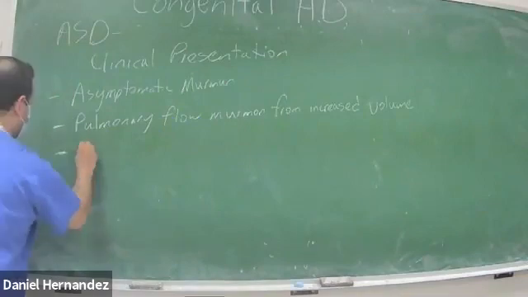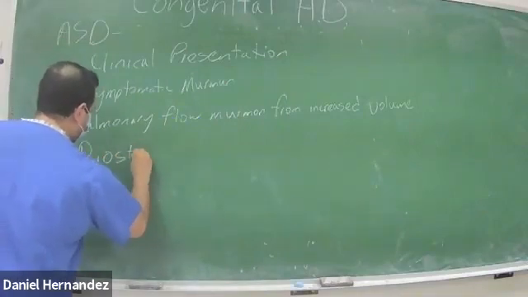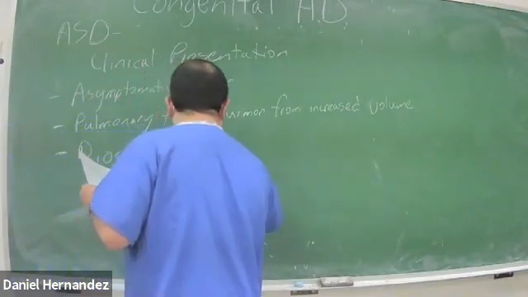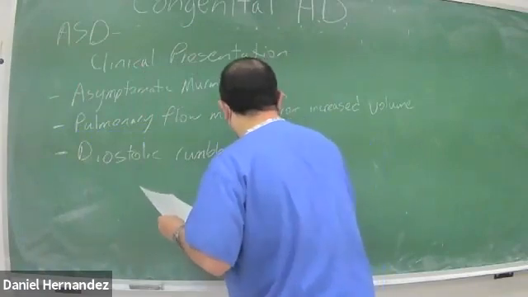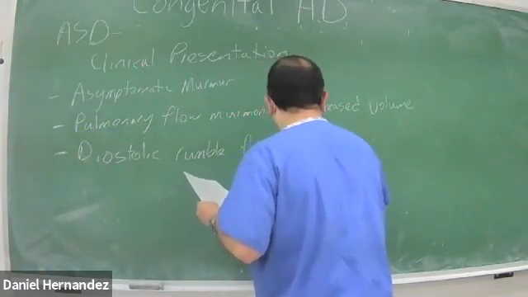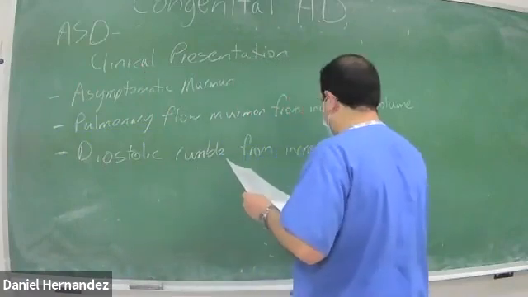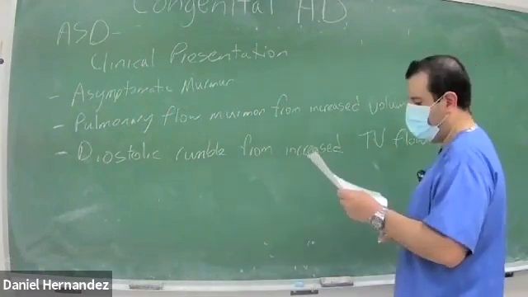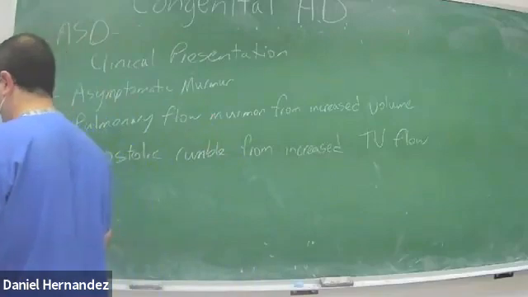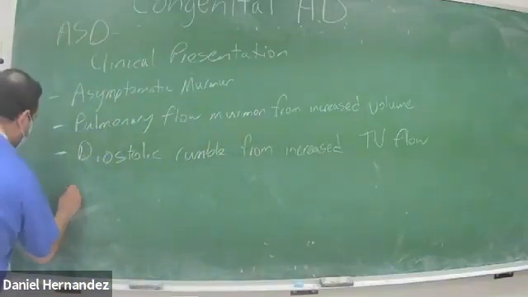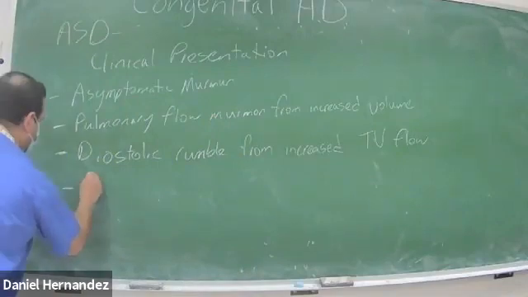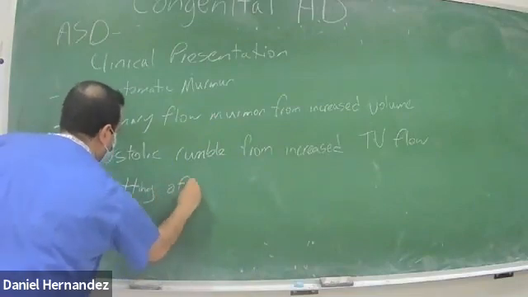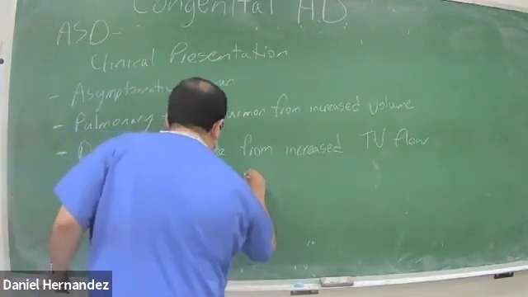You can potentially have a diastolic rumble from increased tricuspid valve flow. Splitting of the S2 heart sound.